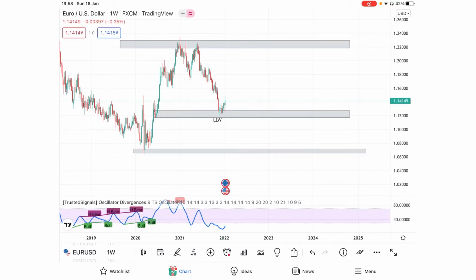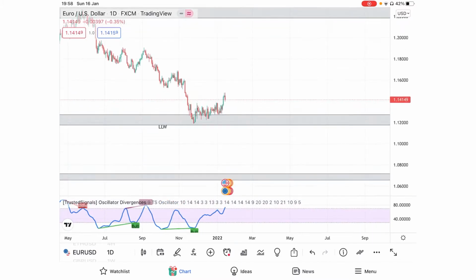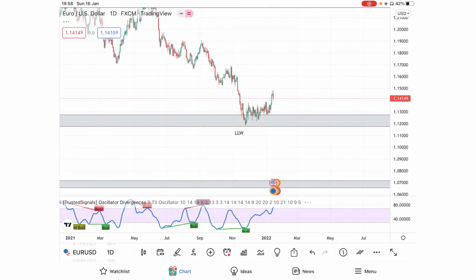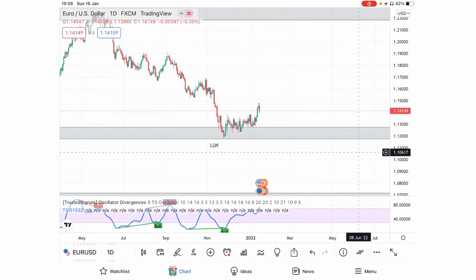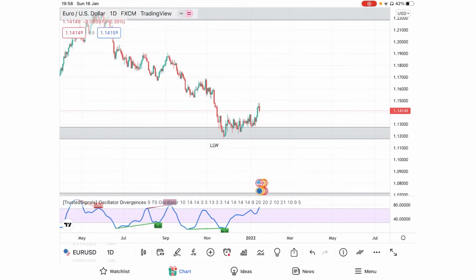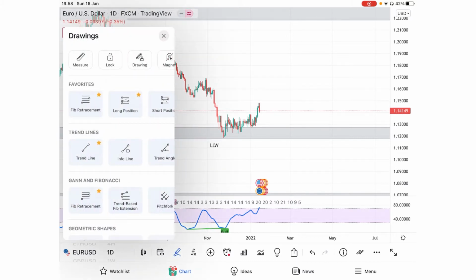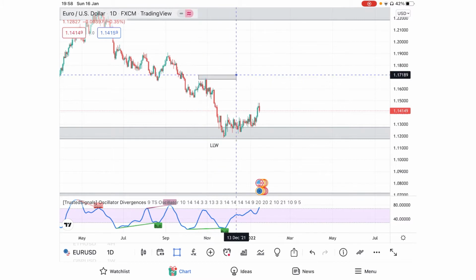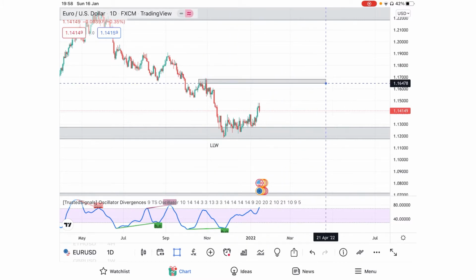After that I will just drop on the daily time frame, and on the daily time frame I will do the same. I will draw some support and resistance zones. Recalibrate basically. As we can see on the daily time frame, we are also in a downtrend, this being our previous lower high that created a lower low.